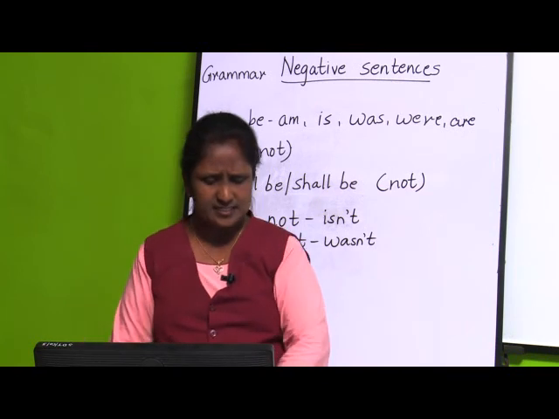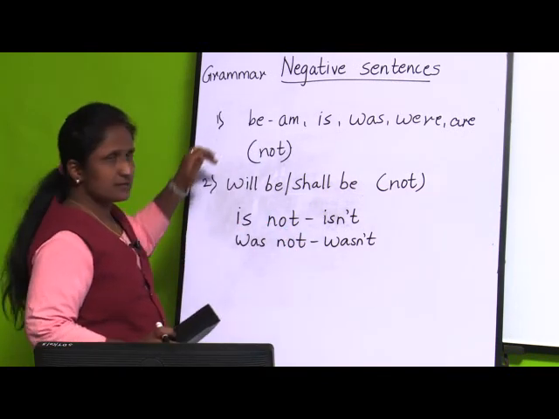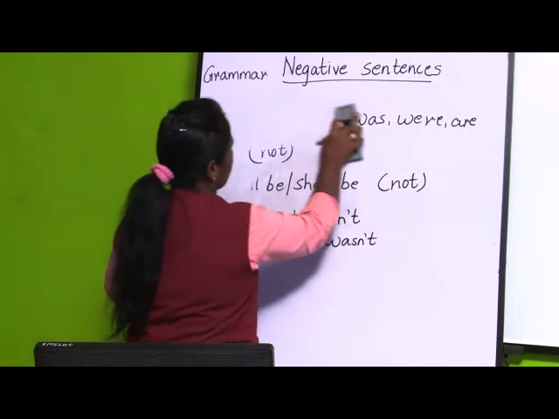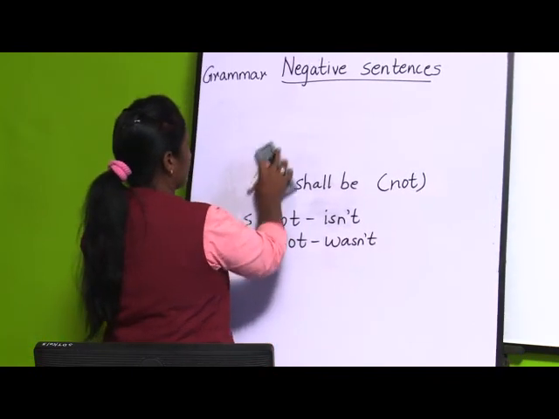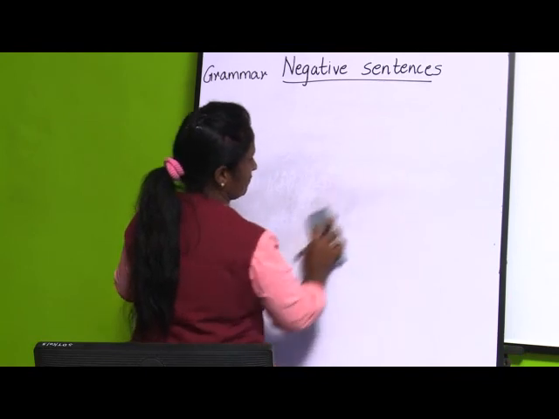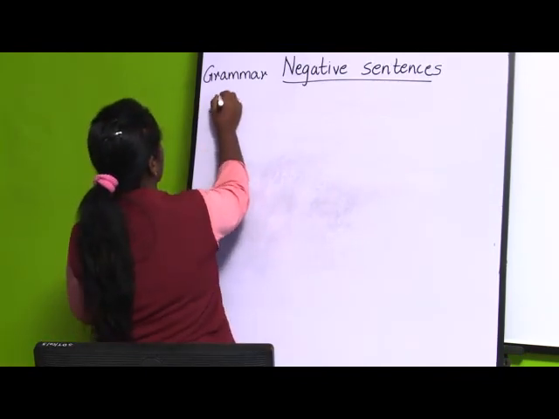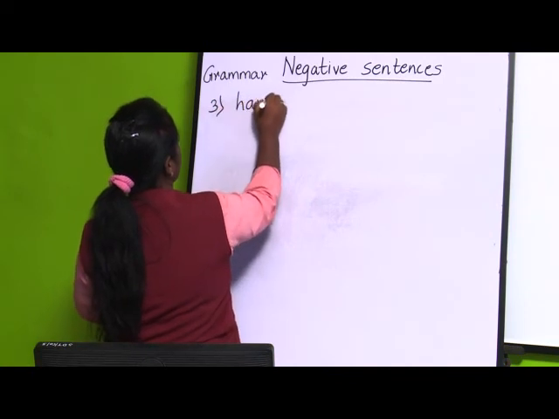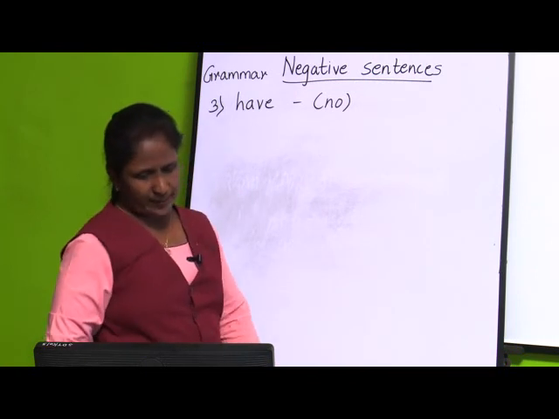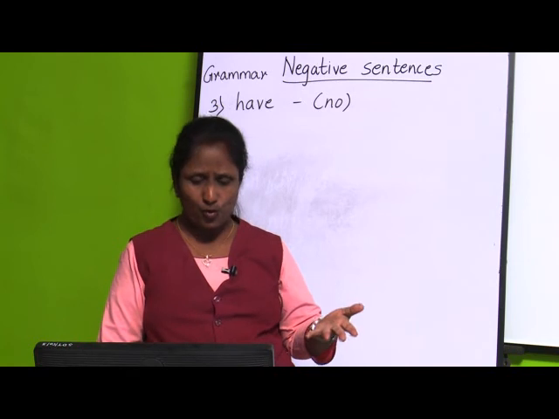Then when sentences have different forms of the verb have, this is the second case. If we are using the verb have, that time we are going to use the word no. I have no pencil, or she has no pencil, they had no pencil.